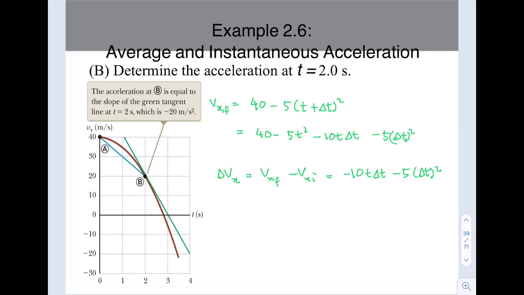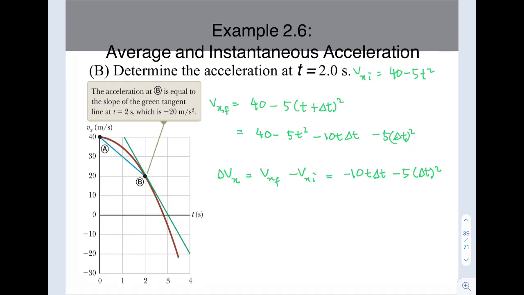So if you subtract that, Vx initial is 40 minus 5t squared. So if the whole bulk of this formula minus this one, then you are left with this only.